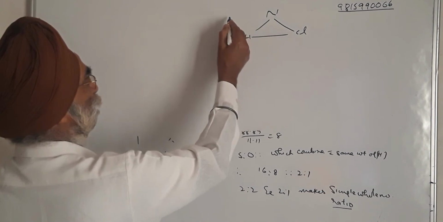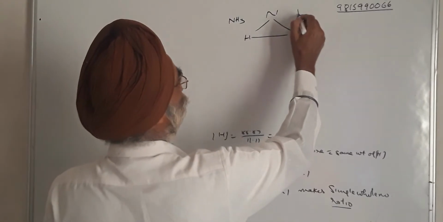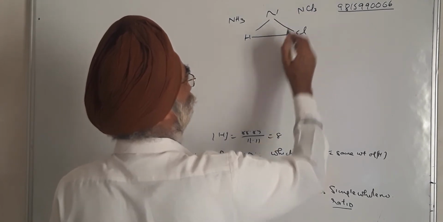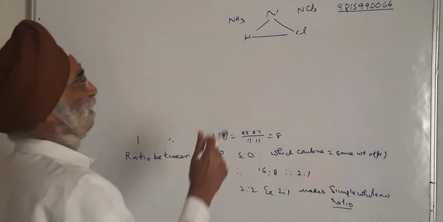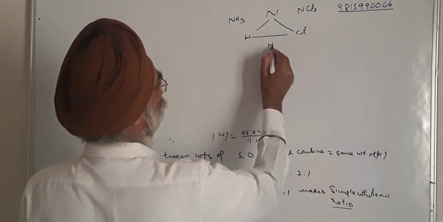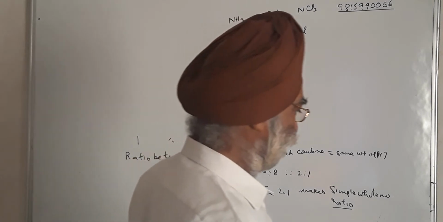Nitrogen and hydrogen form ammonia. This compound is nitrogen trichloride, which is explosive, and we know this is HCl.